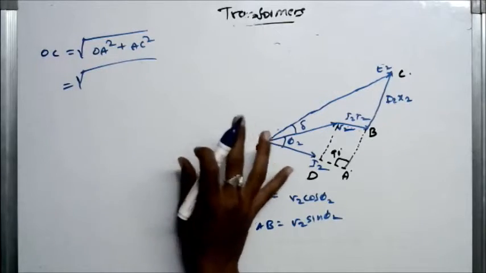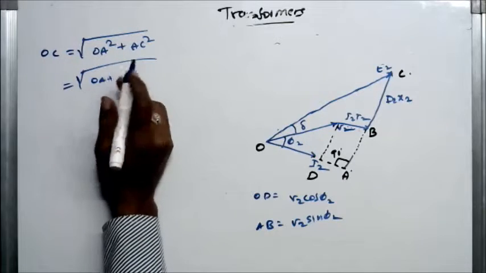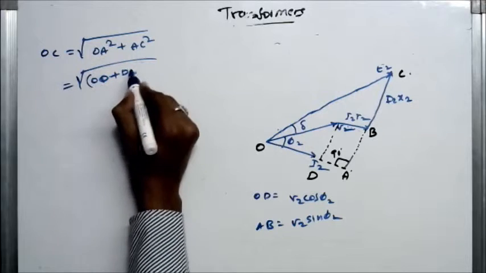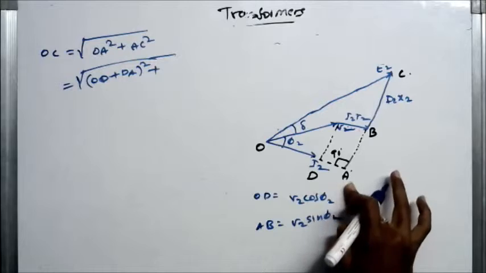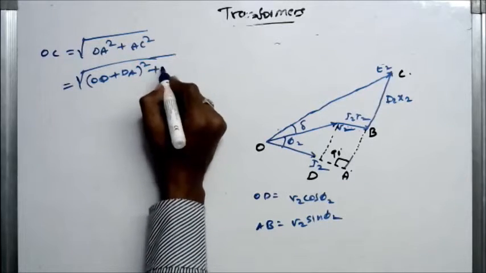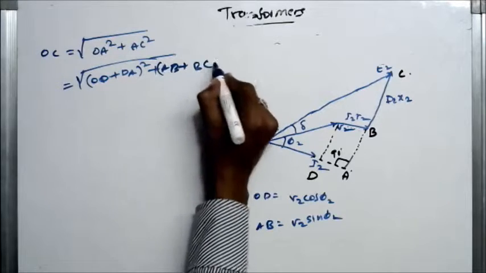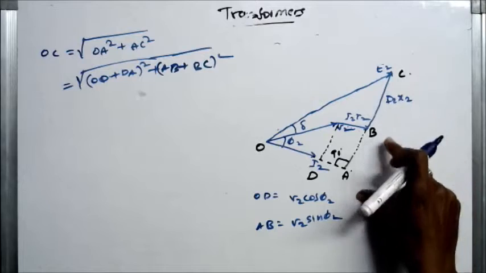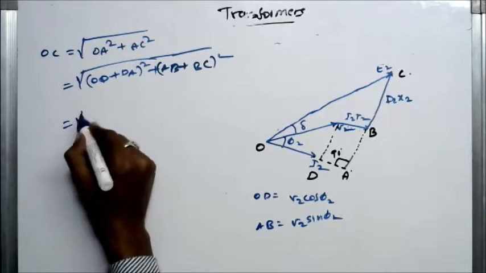Okay, now go in this way. OA is equal to OD plus DA, so OA is (OD plus DA) whole square, plus AC is equal to (AB plus BC) whole square. This entirely can be split into AB plus BC. Now write the values.